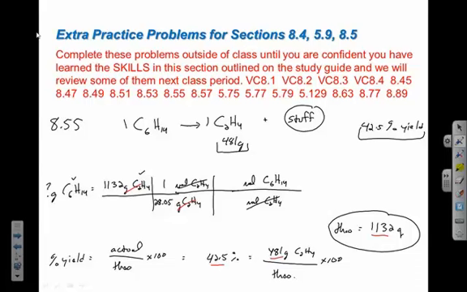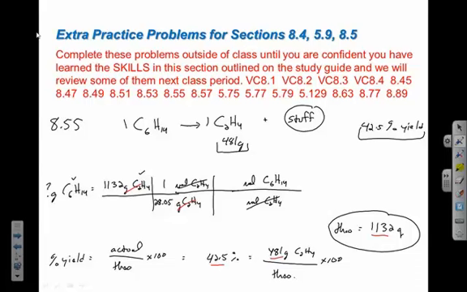It doesn't say anything about that. So I guess we're meant to assume that the other stuff that's created accounts for the other 4 carbons and 10 hydrogens to balance the reaction, and that this really should be a 1-to-1 ratio.